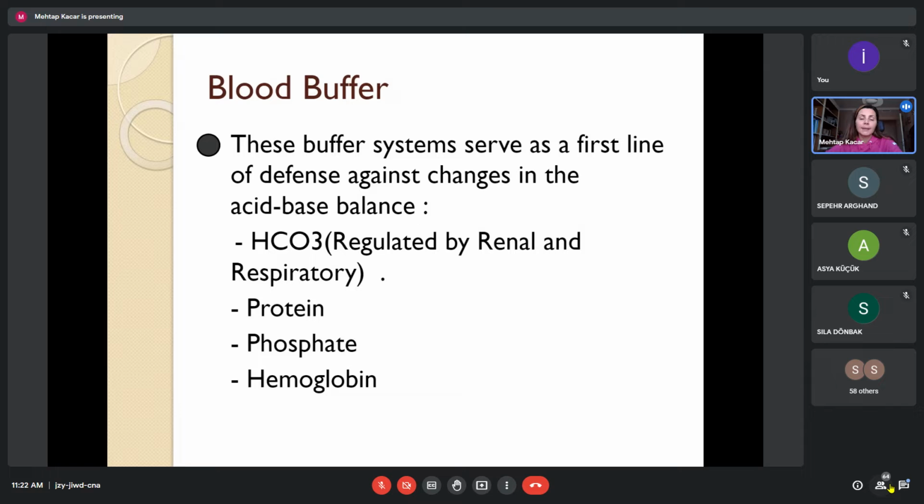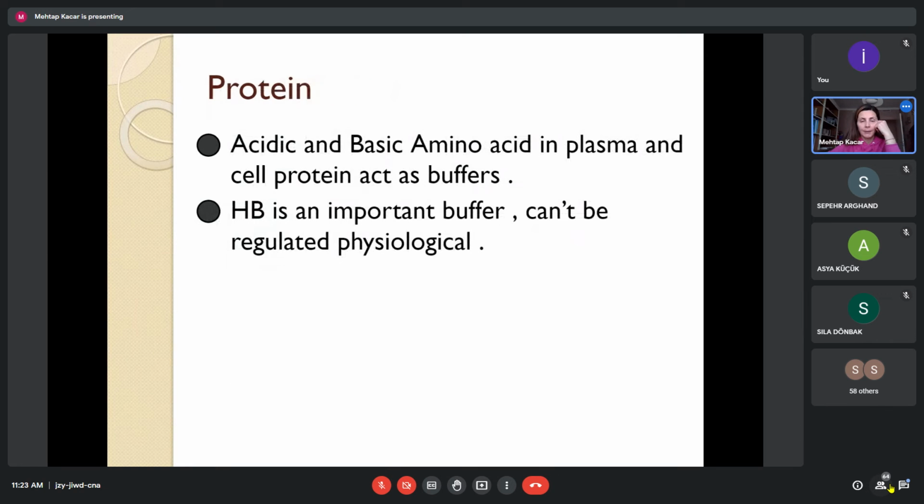Blood buffer system. This buffer system serves as a first-line defense mechanism against problems or changes in our acid-base balance. Bicarbonate is regulated by the renal and respiratory systems, and there is the bicarbonate ion buffer system. The others are the protein buffer system, phosphate buffer system, and hemoglobin system. All these systems are localized inside the blood.